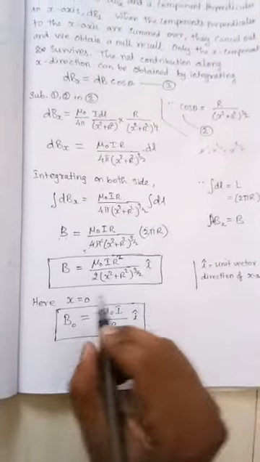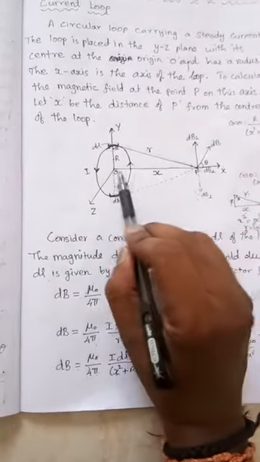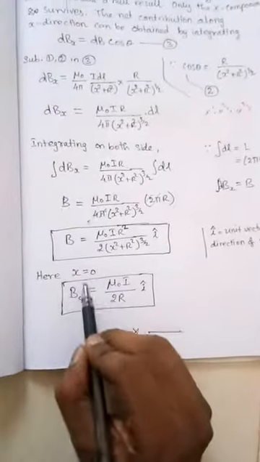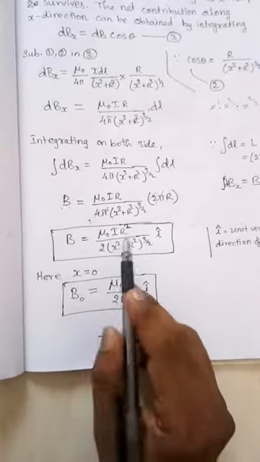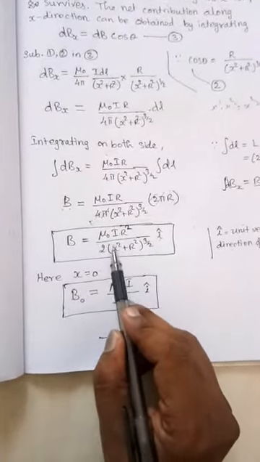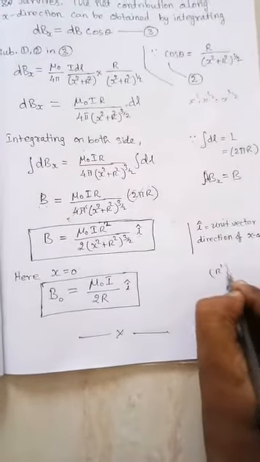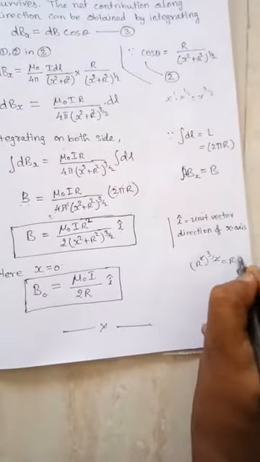Suppose x is equal to 0. What does x equal to 0 mean? The point is at the center of the circle. How much magnetic field is produced at the point P when x is 0? Then x square becomes 0, so R square whole power 3 by 2 is nothing but R cube.